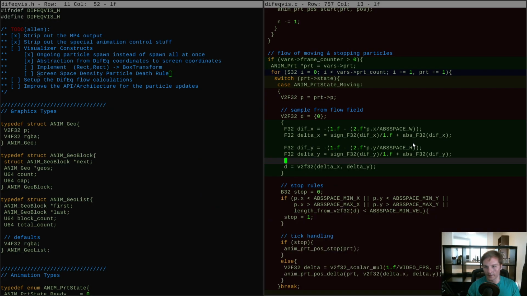I don't know what that is. Not what I was expecting. Diff y, p dot y, delta x, delta y, diff y, p dot y, h, space, x, y. So they're symmetrical, but why? When this is a 0, we get a -1.